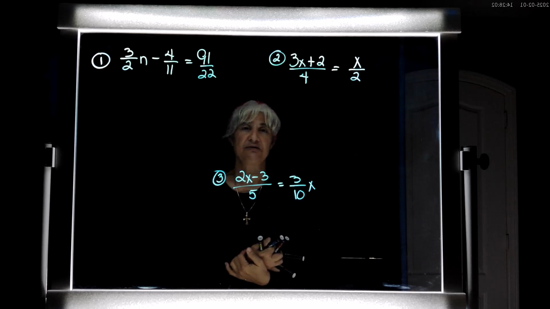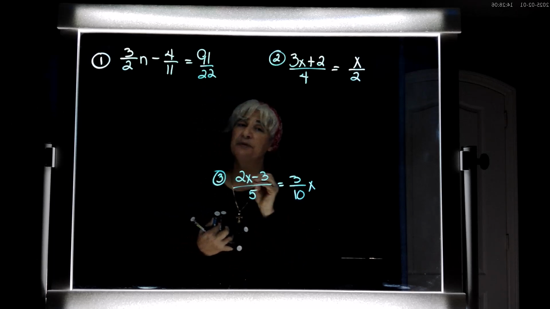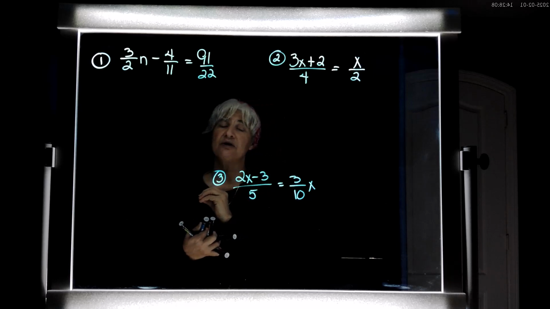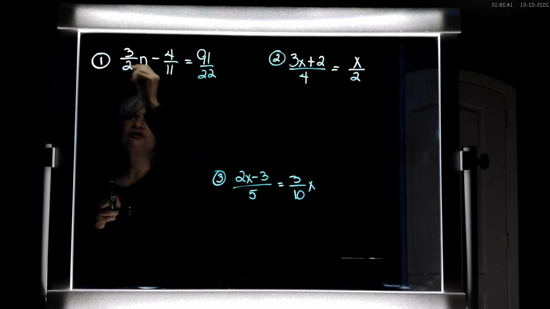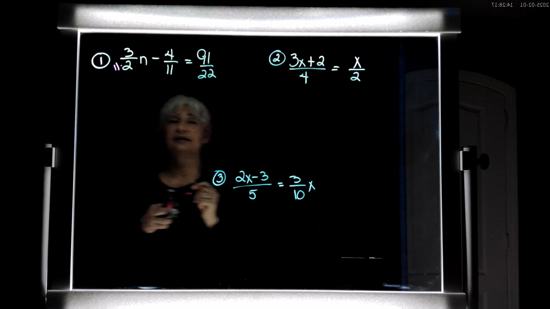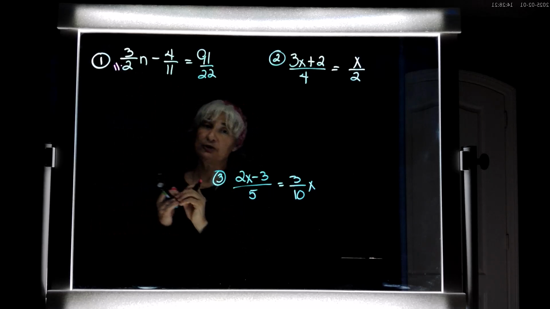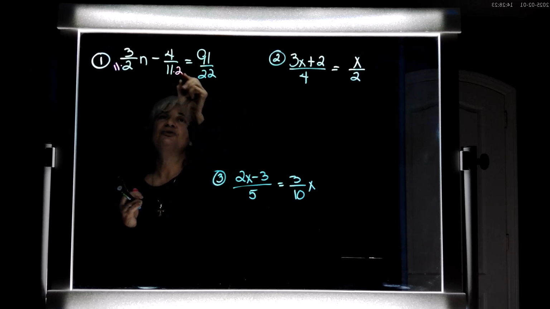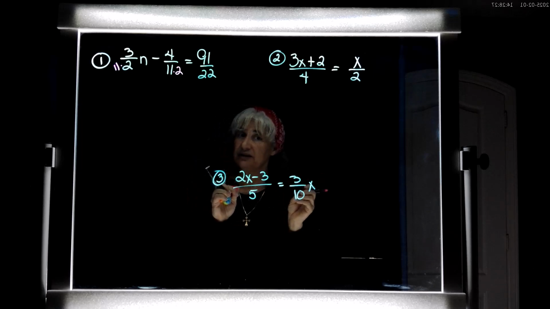What did you do? Good, you made them look the same. The 22 is the biggest of the three denominators. You know that's 2 times 11, right? Which means this 2 needs to get multiplied by an 11 so it looks like it, right? And this 11 gets multiplied by a 2 so it looks like 22, 2 times 11, right?